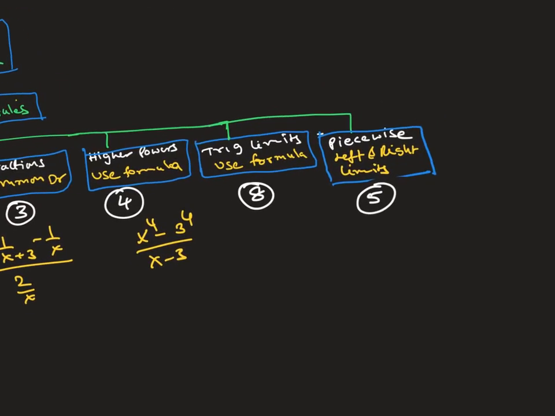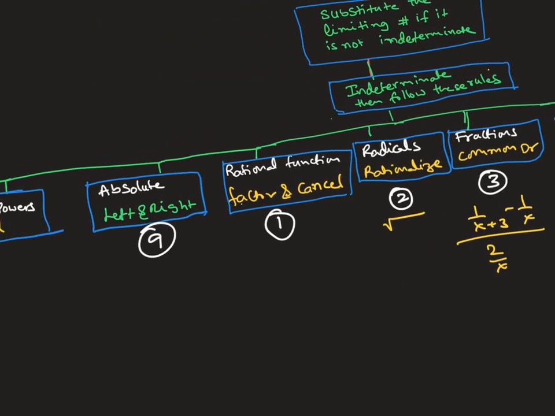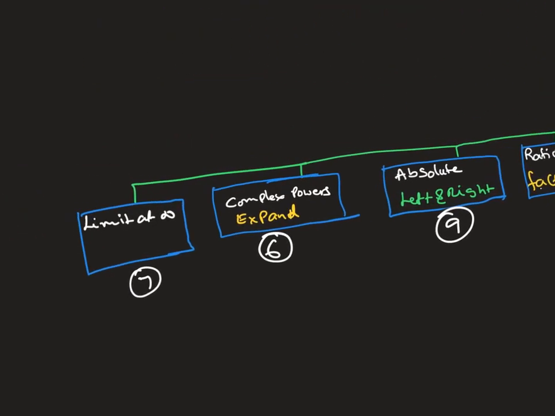Then we will do piecewise functions. That's the fifth method. We'll go back to the sixth one. Complex powers like (3x plus 2) to the fourth power, or even second power, (x minus 2) squared, something like that.